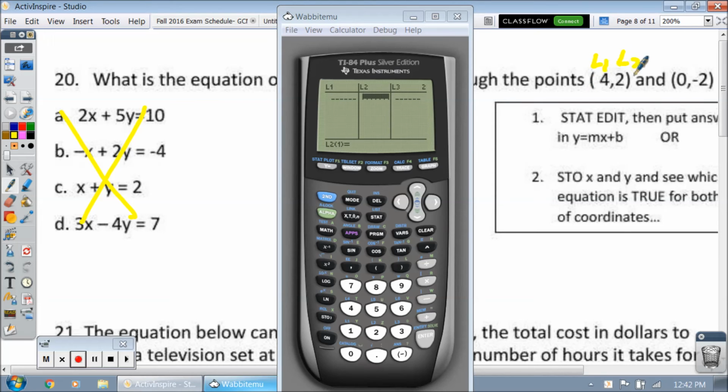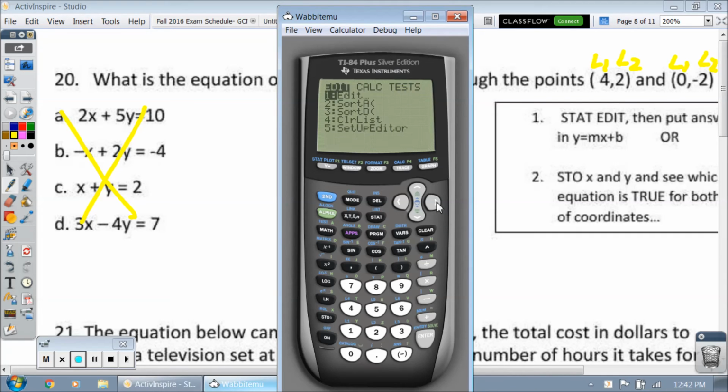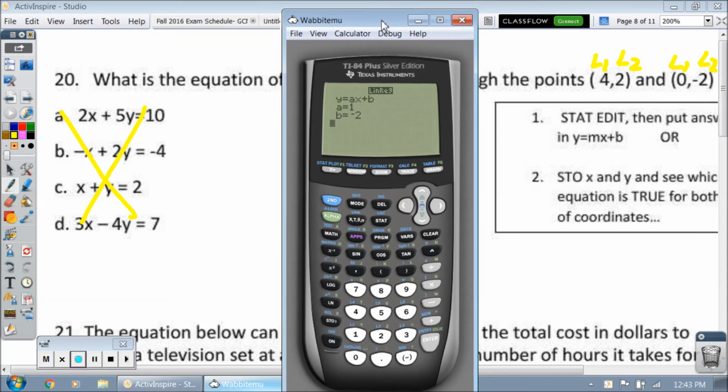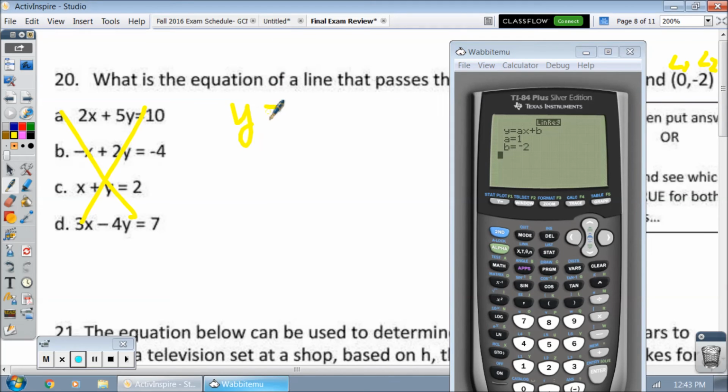So L1, L2, L1, L2. 4, 2, and then 0, and -2. Stat calc, we want to do number 4. And so here's our equation, y equals, the a is the slope, so that's the number that goes in front of x. The b is the y-intercept.